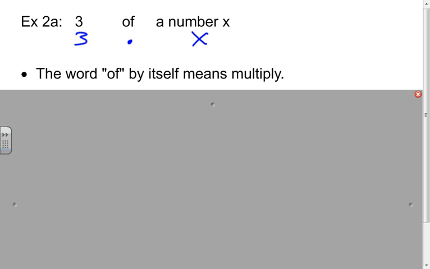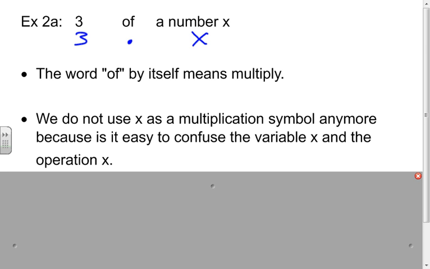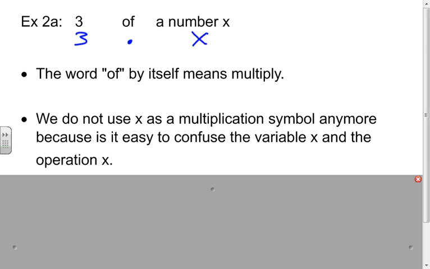We don't use x for the multiplication symbol anymore, because it's too easy to confuse the variable x and the operation x. If I used x to mean multiplication, then this problem would be 3xx. That gets confusing. It's hard to figure out which one is which. So I'm not going to use x to mean multiplication anymore.